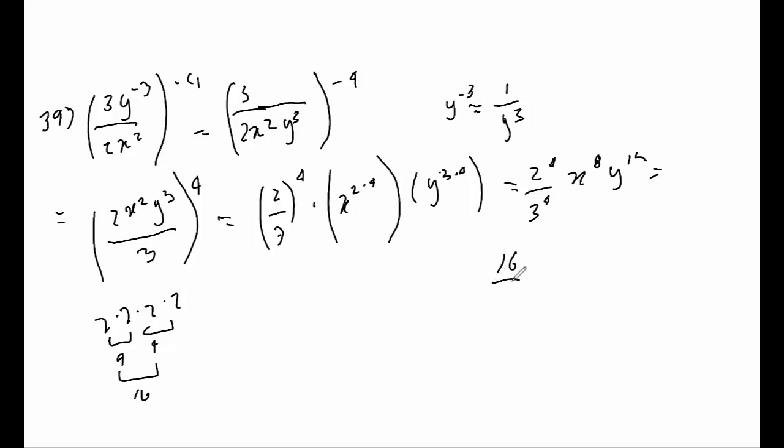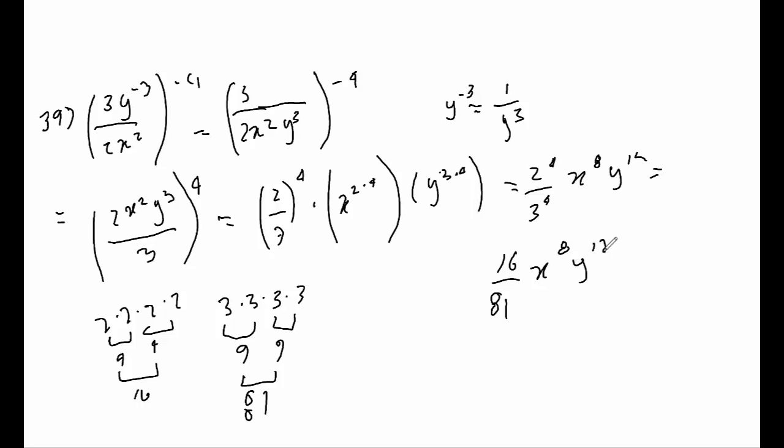And on the bottom, 3 times 3 is 9, 3 times 3 is 9, and 9 times 9 is 81. So on the bottom I get 81, and then x to the 8th, y to the 12th.